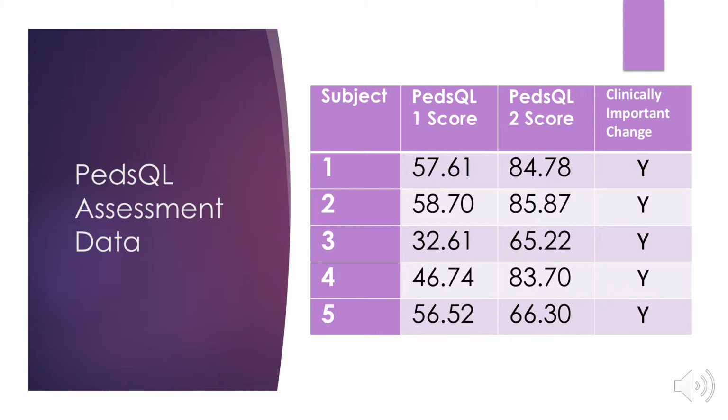The fourth subject, their first score was a 46.74, and the second was an 83.70. And finally, the fifth subject had a PEDS-QL score of 56.52 and a second score of 66.30. And all of those show clinically important change, and we will discuss that in a couple slides.